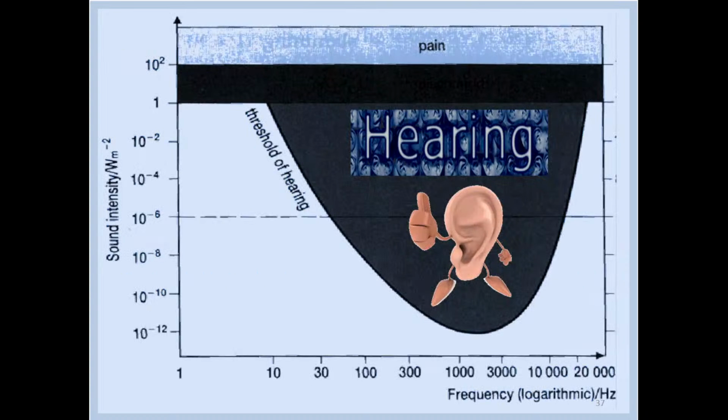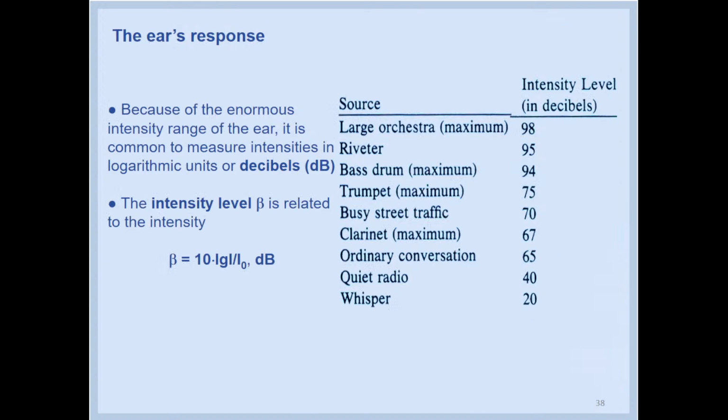This diagram illustrates the mechanical waves range of comfortable hearing. So, these mechanical waves have two characteristics, frequency and intensity.